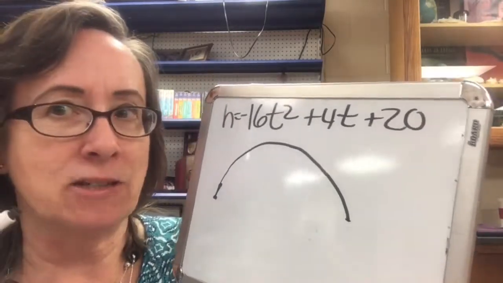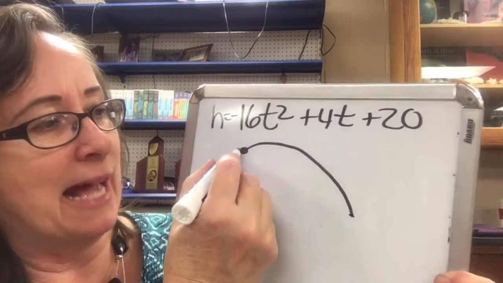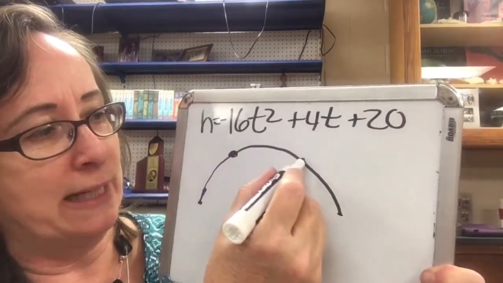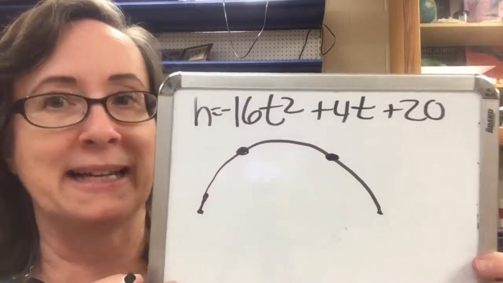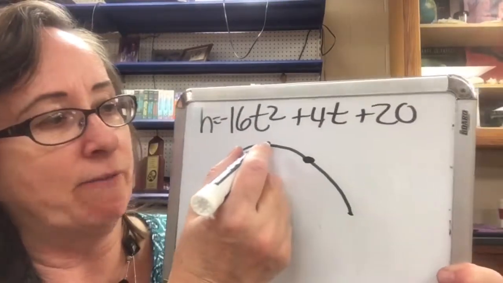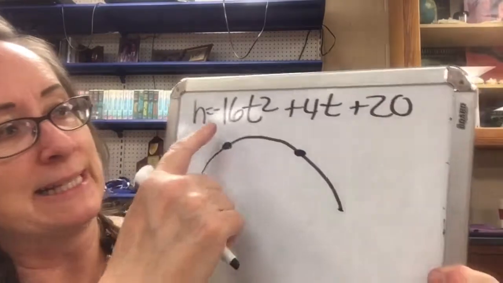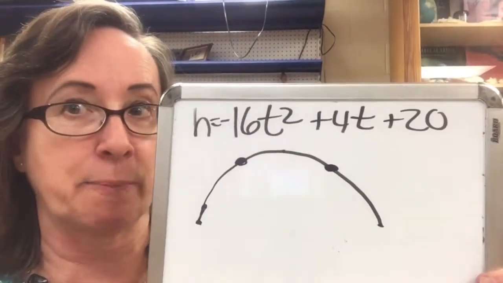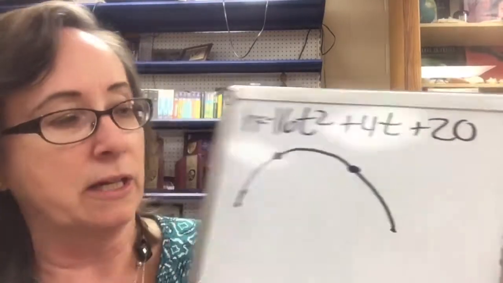If 8 feet is not the highest spot right here, then maybe that's 8 feet, and then wouldn't it hit 8 feet again? So 2 places that it could be 8 feet, unless 8 feet is the very, very top of my parabola. Okay, but this negative 16t squared is a parabola upside down anytime that first term is a negative.